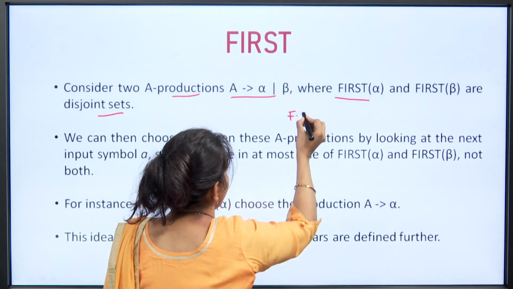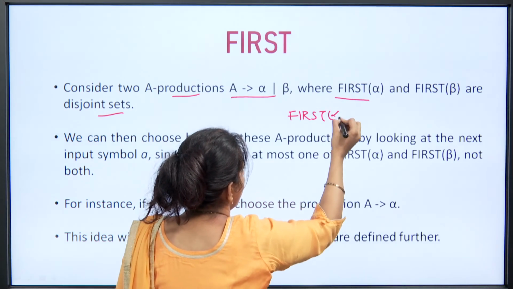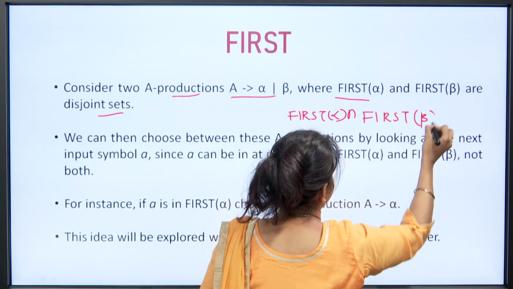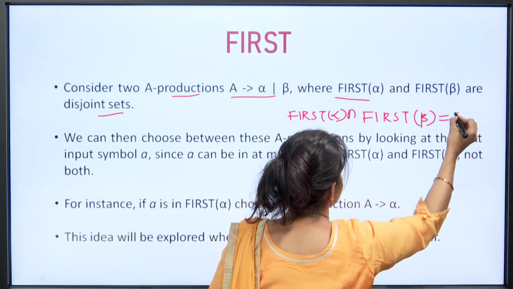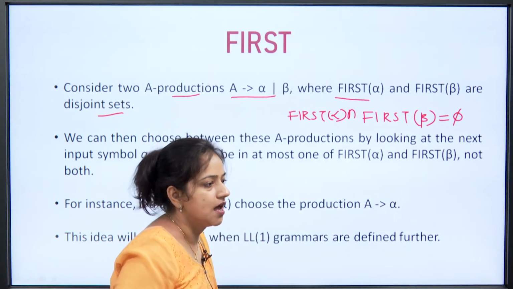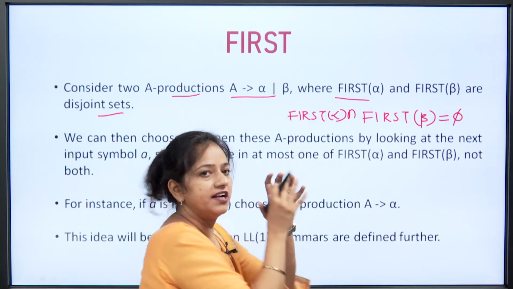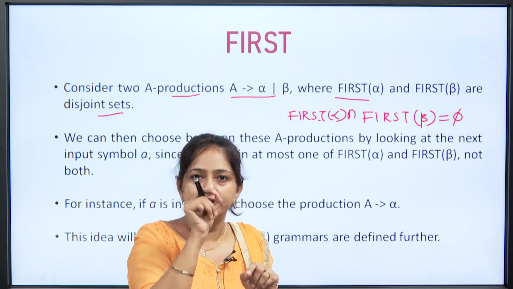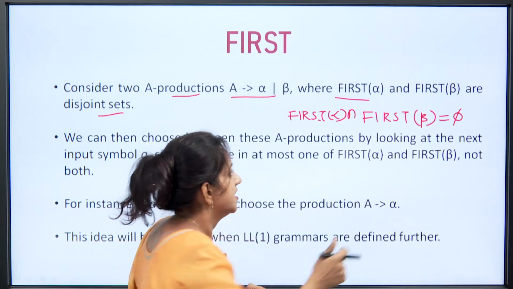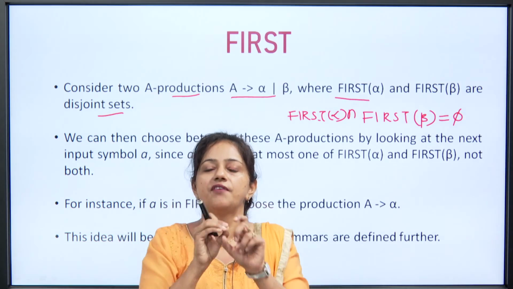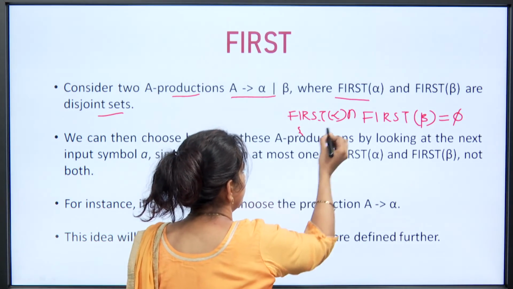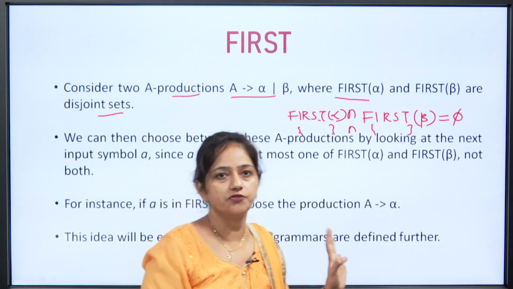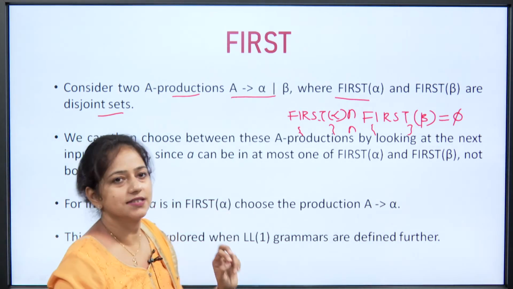Disjoint means first of alpha intersection first of beta is equal to phi. Alpha derives some set of strings, and first of alpha has the starting terminal of every derivable string. Similarly for beta. We get one set here and one set there, and if we take the intersection, it is equal to phi.